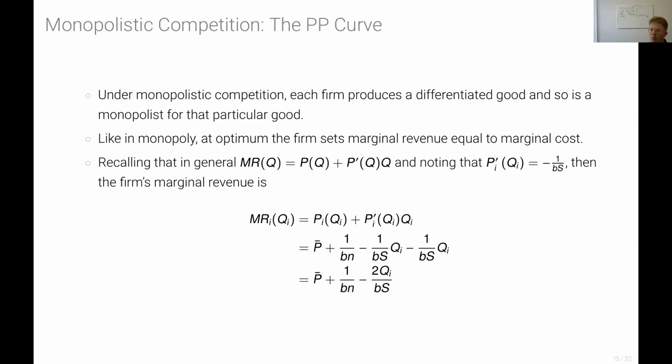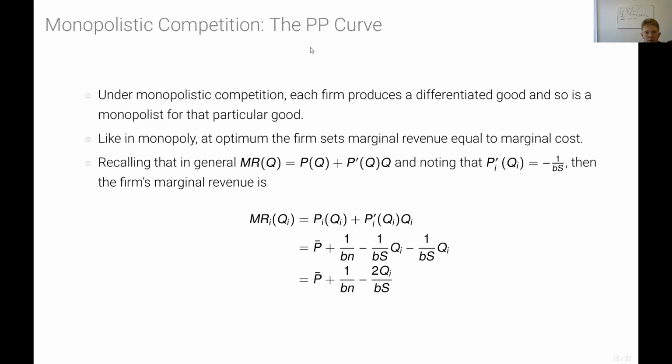Let's recall that in general, marginal revenue is equal to P of Q plus P prime of Q times Q.